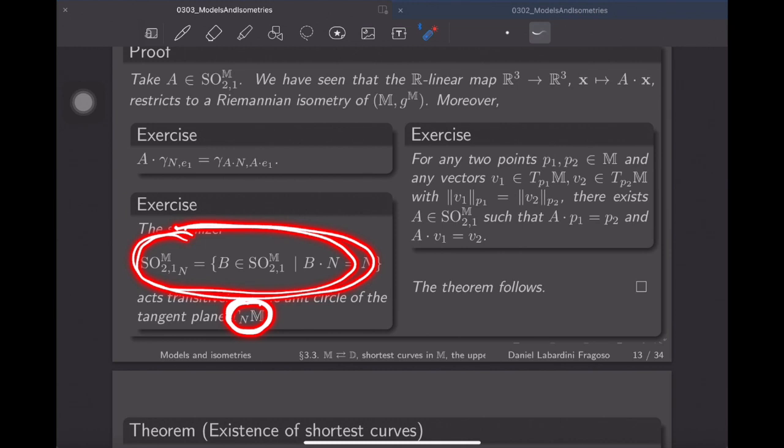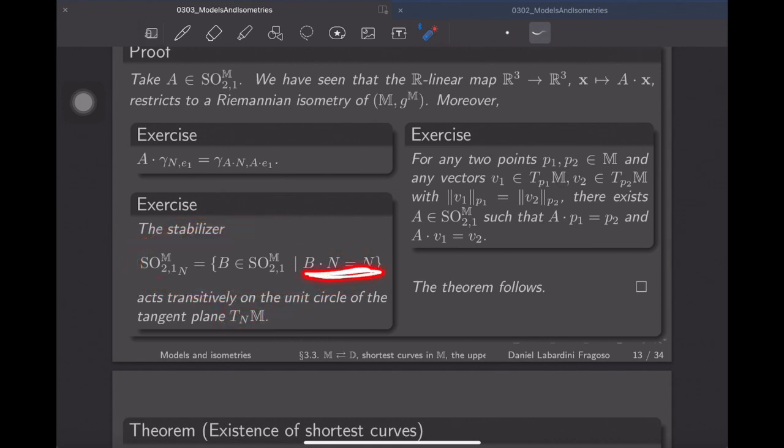So it preserves the length of any vector here. And notice this, since it leaves n fixed, it takes this tangent plane to itself. Okay, and then the exercise is that the action of this group on that unit circle is transitive. Okay.